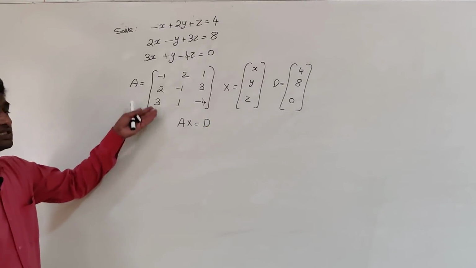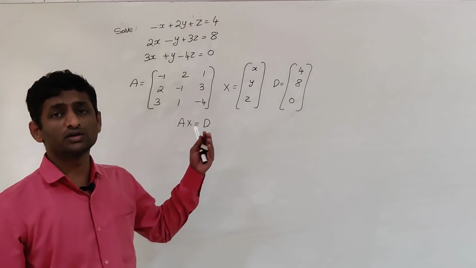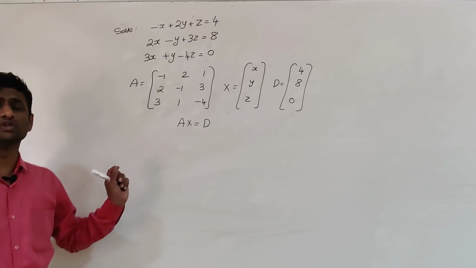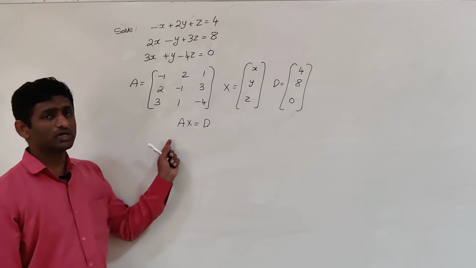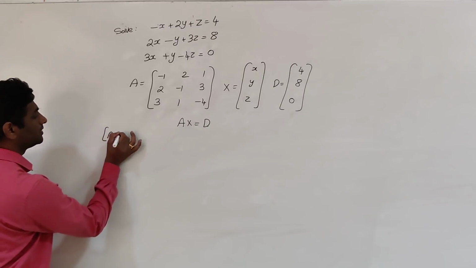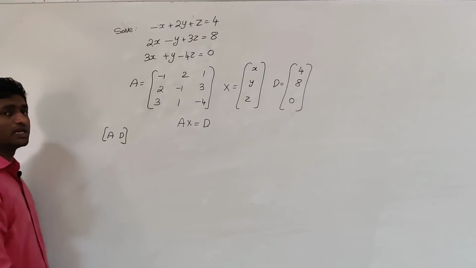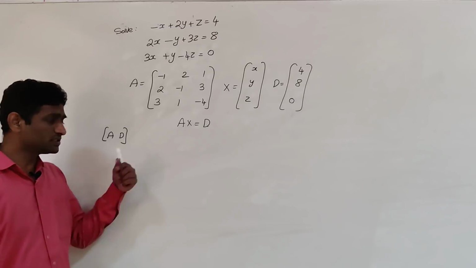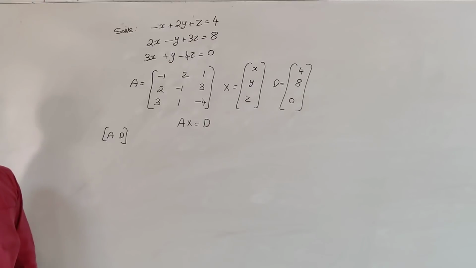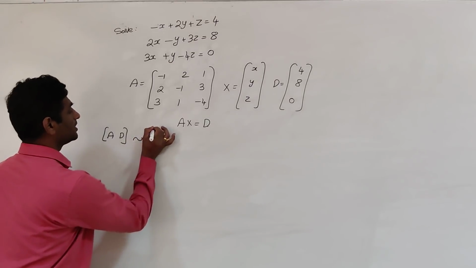Whether the system is inconsistent or consistent is based on the rank of the matrix. So let us go for the augmented matrix, that is AD. In the augmented matrix itself we can also find the rank of the coefficient matrix. So what is the augmented matrix?